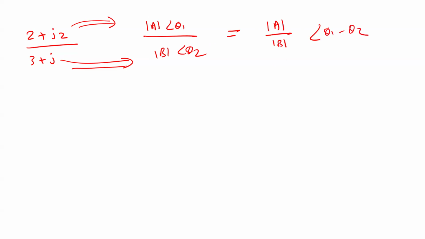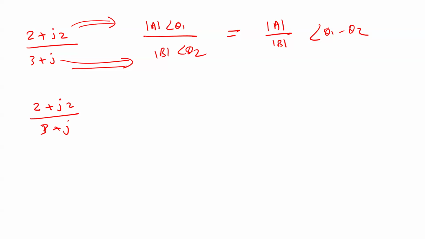You just need to convert every number to polar form. But you can do it in rectangular form as well. It's more difficult, but you can still do it. If you remember, it should be 2 plus j2 divided by 3 plus j. What is the problem here? I have an imaginary part in the denominator, and I need to get rid of it.